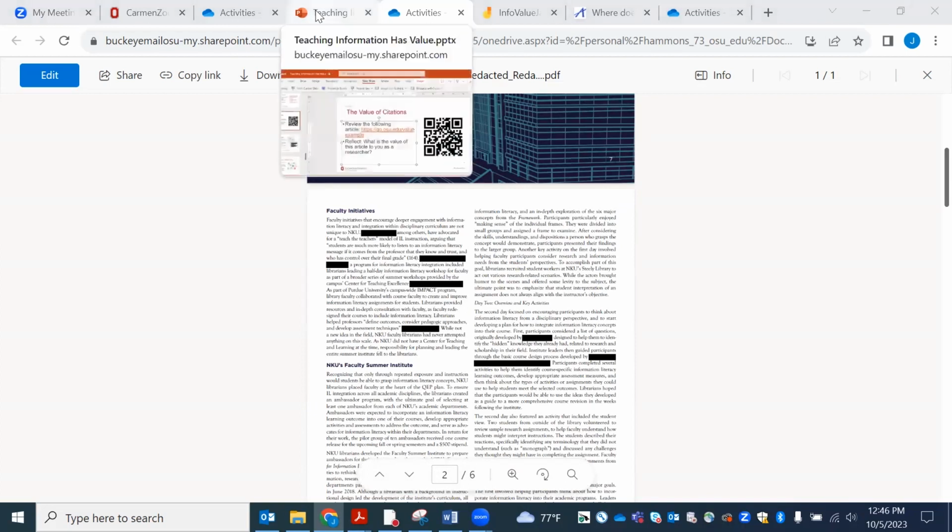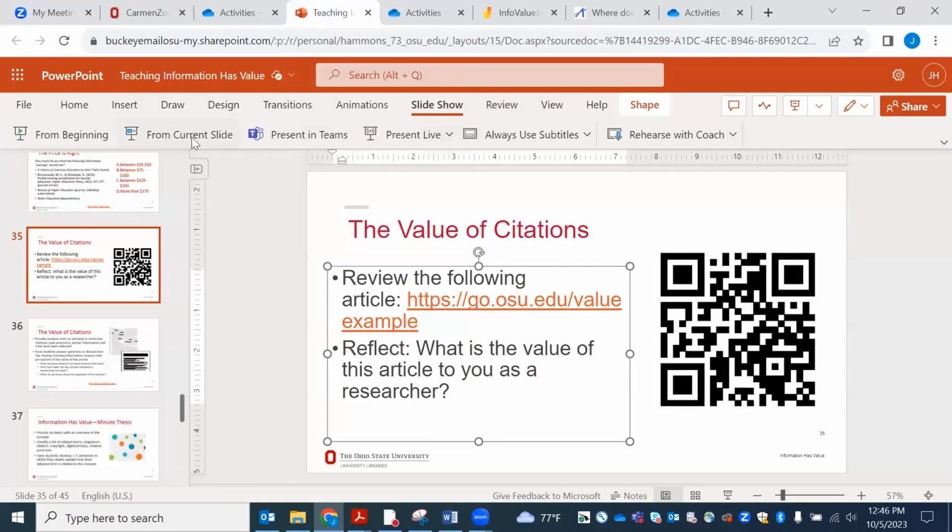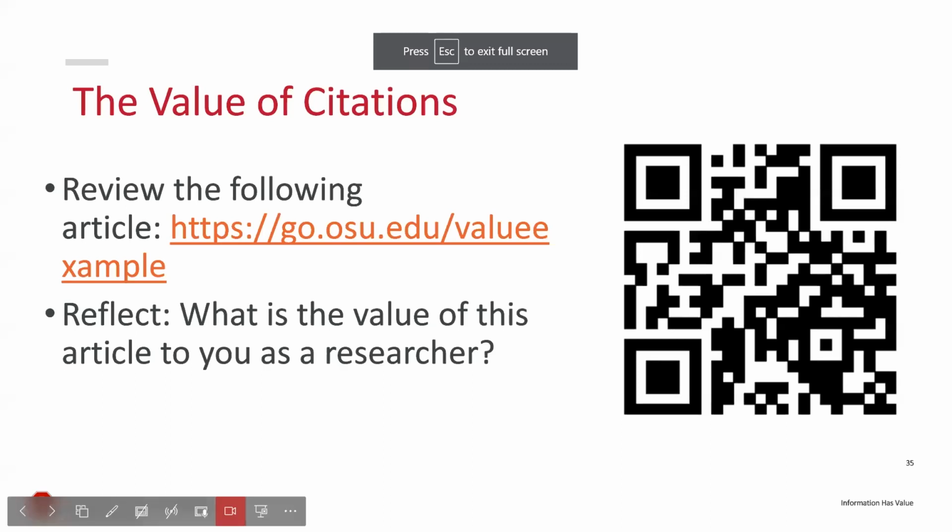If you feel comfortable sharing in the chat, any thoughts that you have related to the value of this article, go ahead and share.